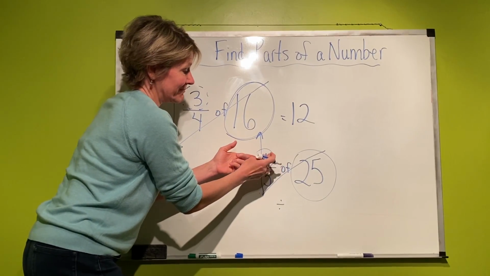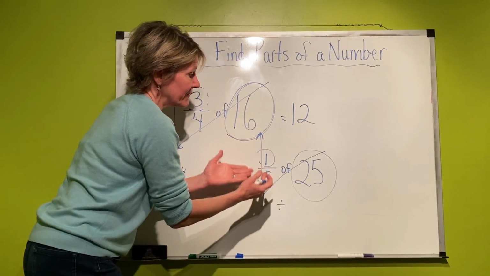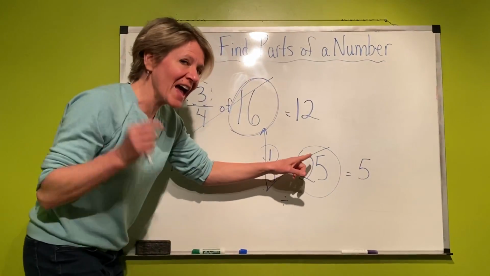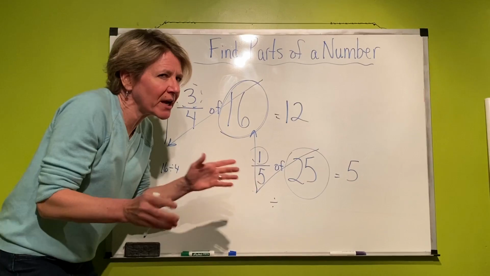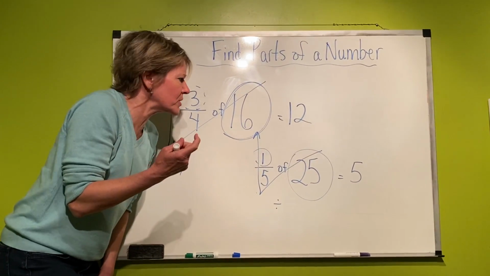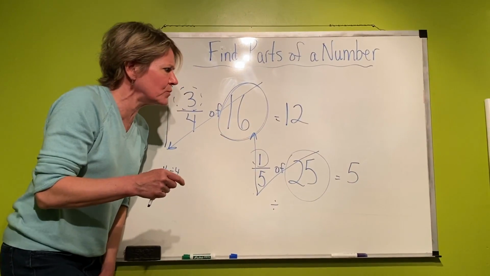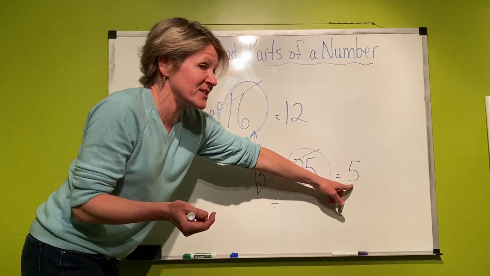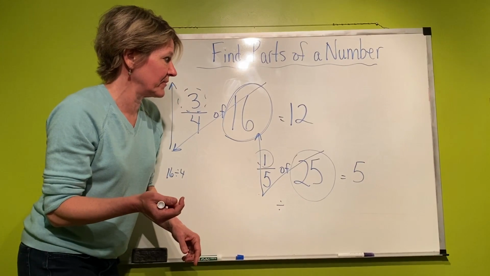Anything times 1 is just itself. 5 times 1 is 5. So if you had $25 and somebody tried to say, hey, for some reason or another, I want 1/5 of the money you have, they're really asking for $5 out of your 25.